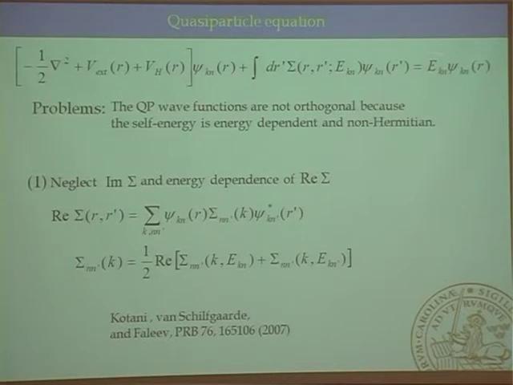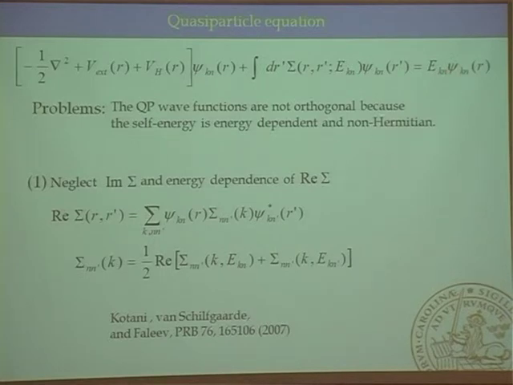It is given by this. But if we calculate the wave functions, they are no longer orthogonal, because first of all, the self-energy is dependent on the energy. If we use different energies, then these wave functions do not correspond to the same Hamiltonian. So in general, these wave functions are not orthogonal.